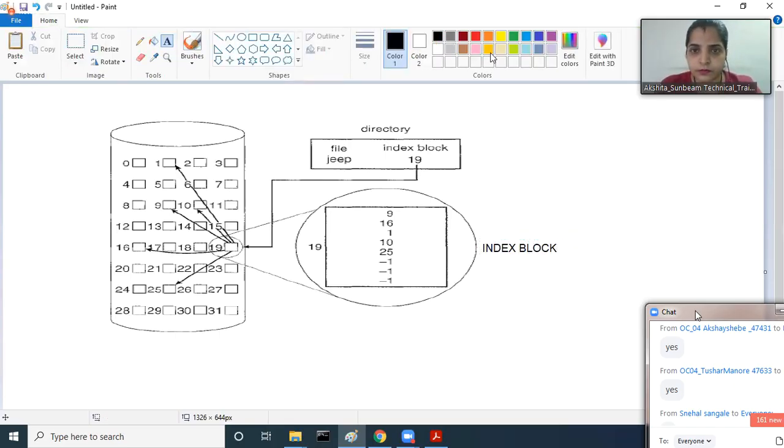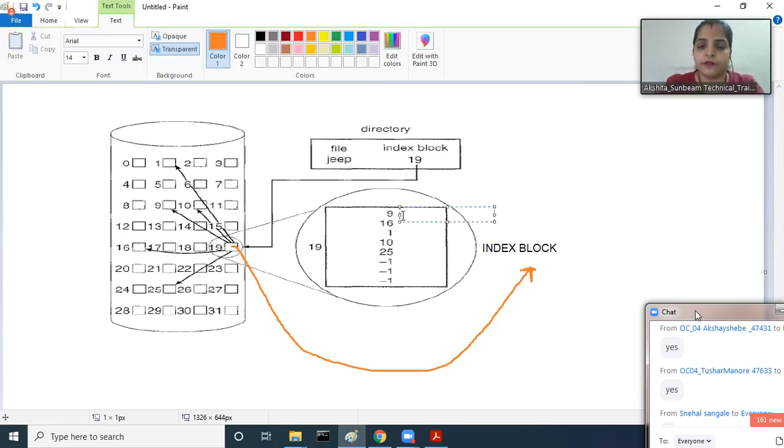So here your operating system is saying this block number 19 is my index block, where the complete information of my file is. From 19, 9 is the first block. This is my 0th block, first, second, third, and fourth.